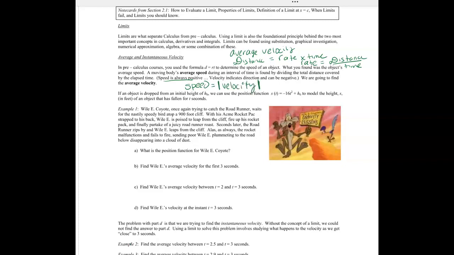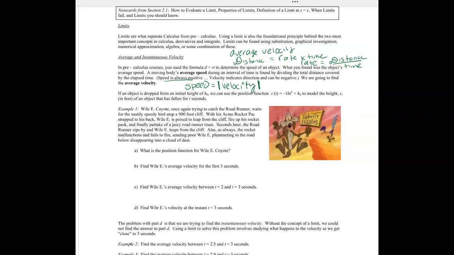That way I can indicate that speed is always positive. The key thing about speed is that it does not indicate a direction. Even though it does involve velocity, since it is always positive, it is not going to say it's always moving in a positive direction. That's the only thing that is unfortunate. Alright, so that is in summary.